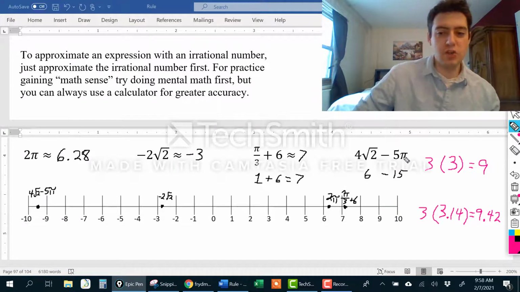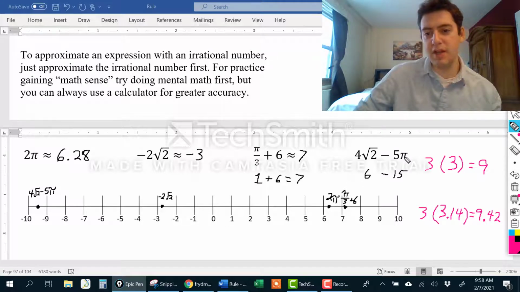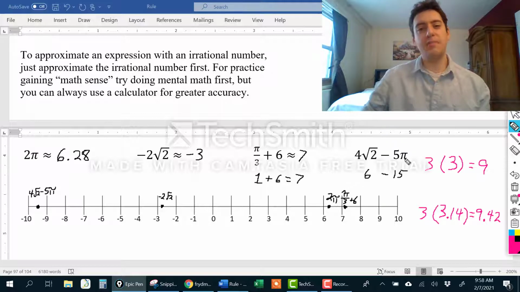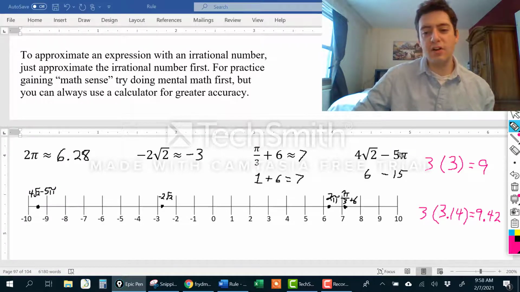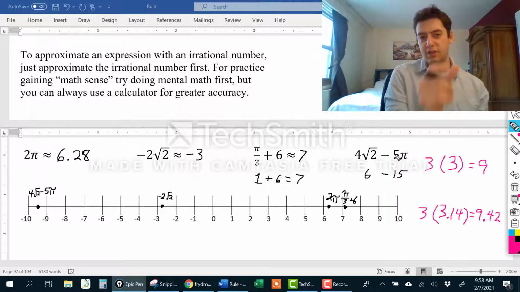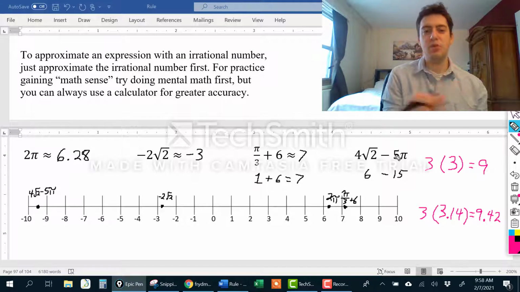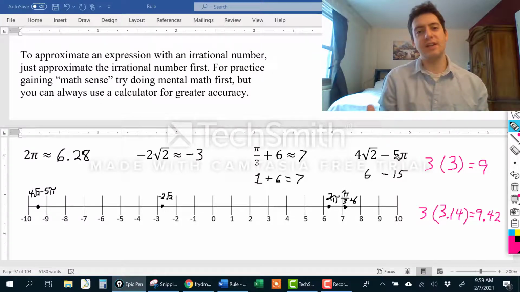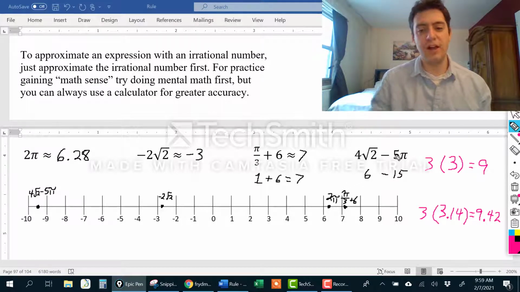So if I'm using the number 3 as my approximation here, but I know that pi is really closer to 3.14, the higher this coefficient is, the more of a discrepancy there's going to be between my approximation and the actual value.